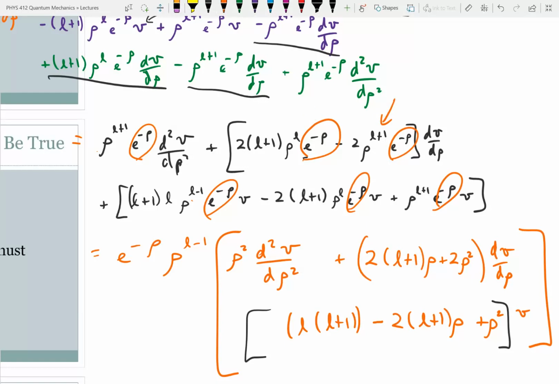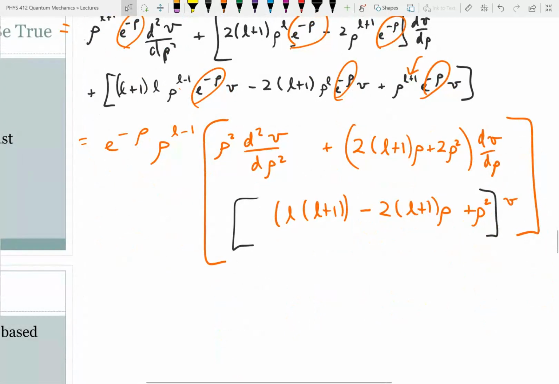Okay, so there should be rho cubes for those terms, or rho squareds. Yeah. Okay, I think I have it right now. Yeah. Well, that is really a nice second derivative, isn't it? I say that fully tongue-in-cheek.